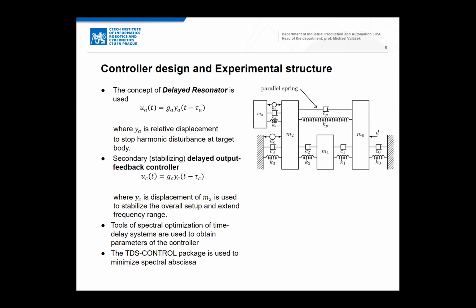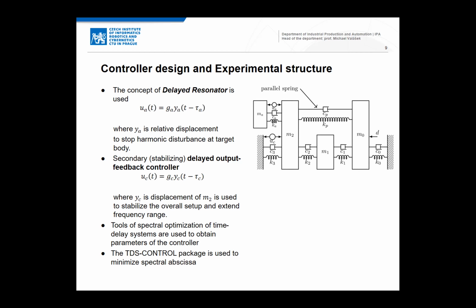So we have to check if the system is stable, and in case the system is not stable, we use a secondary delayed output feedback controller. Again, delay and position feedback is quite simple, yet powerful, and suits very well for implementation.